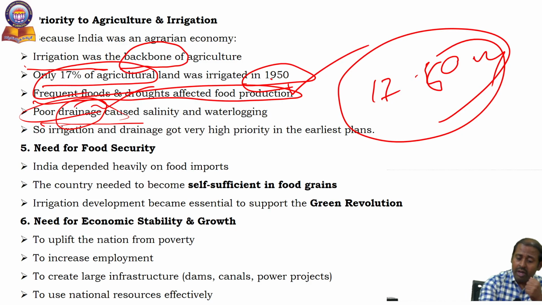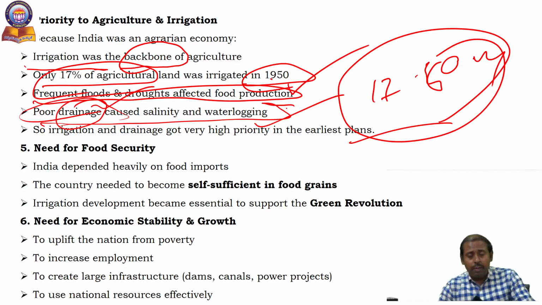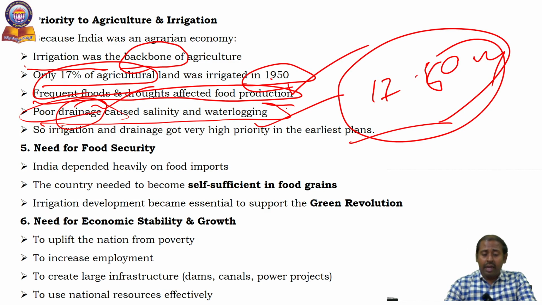Before 1950 this was very high, so irrigation and drainage got very high priority in the plans. Whenever we start the plans, the first priority is irrigation and drainage, which the planning commission department took as its initiative.